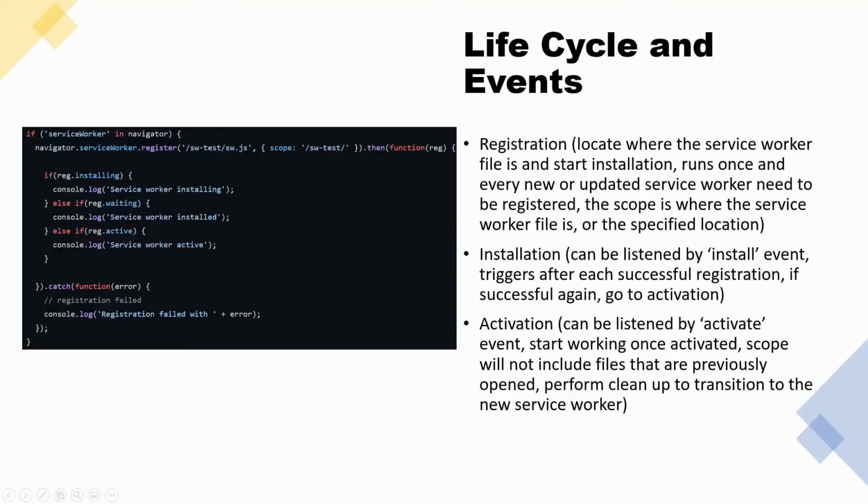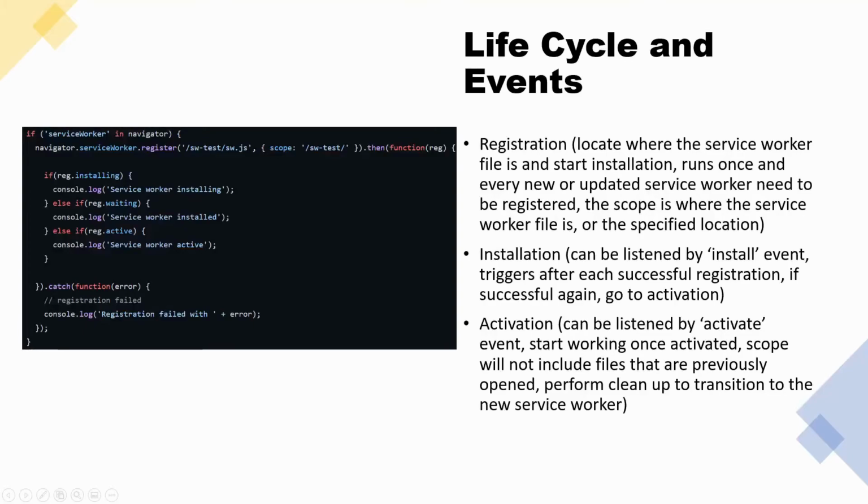In the activation step, which is the last step in this lifecycle, the service worker will be activated and start working. This event can be listened to using the activate event.